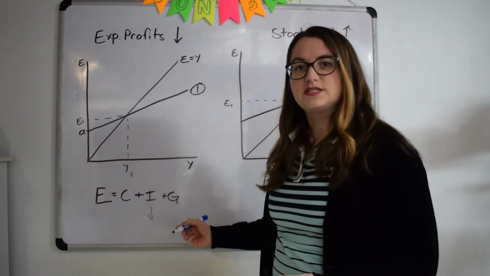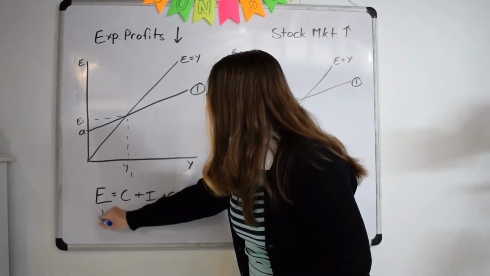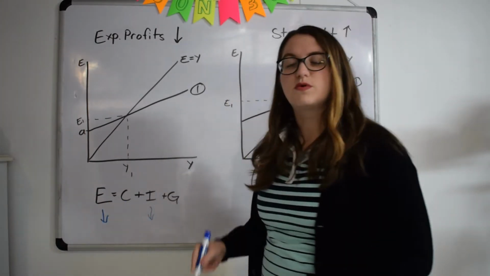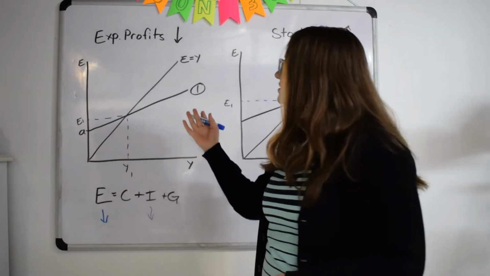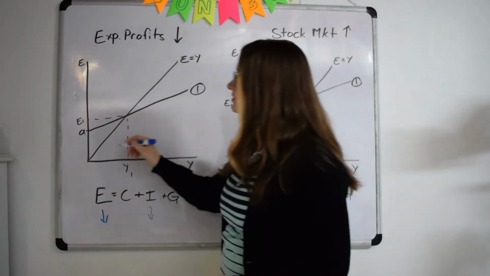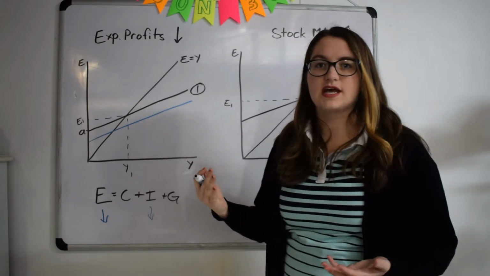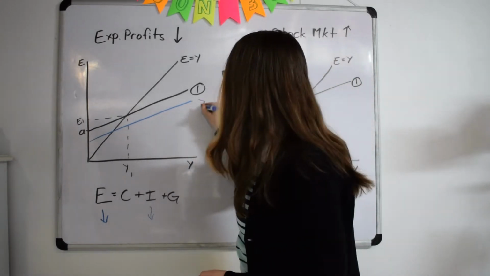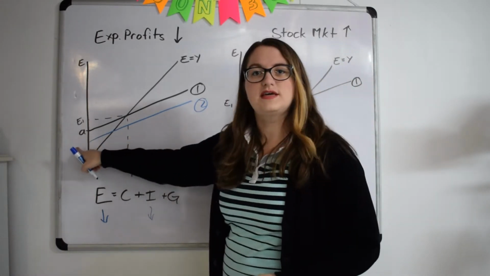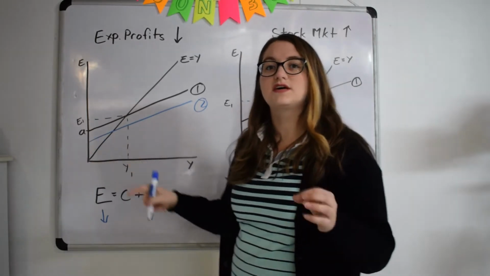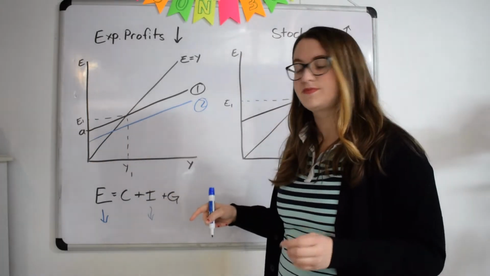And when investment decreases, the expenditure will also decrease. So the expenditure line would tilt downward, or, for simplicity's sake, shift downward, as long as you know that the autonomous consumption does not change. Okay?